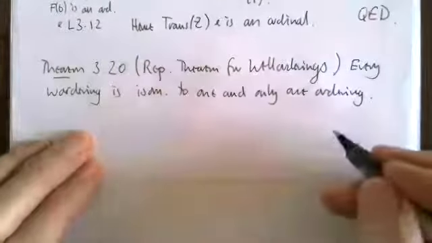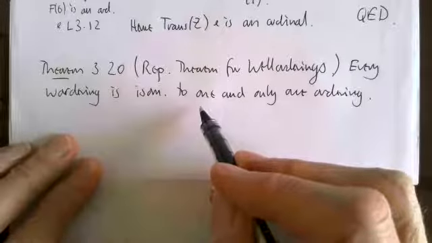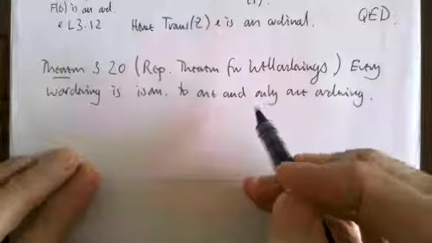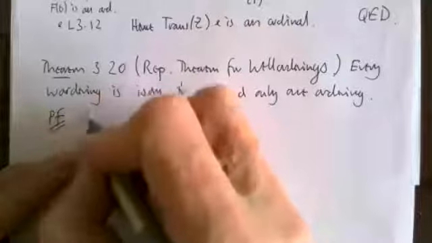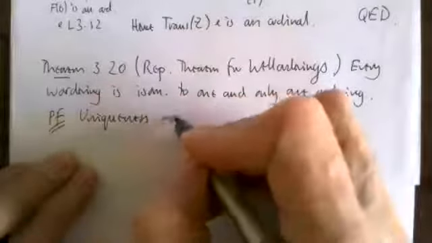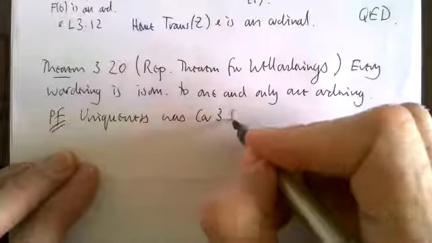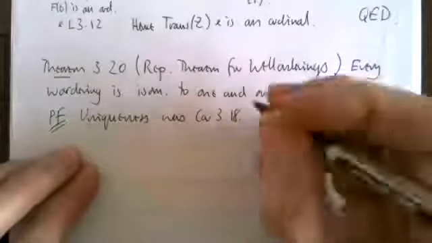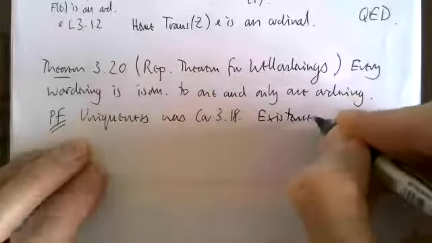Right, so the last lemma justified that there was at least one ordinal. The previous corollary said there could be at most one ordinal. And actually that's what's stated here. Uniqueness. This was corollary 3.18. So existence will follow from the last lemma.